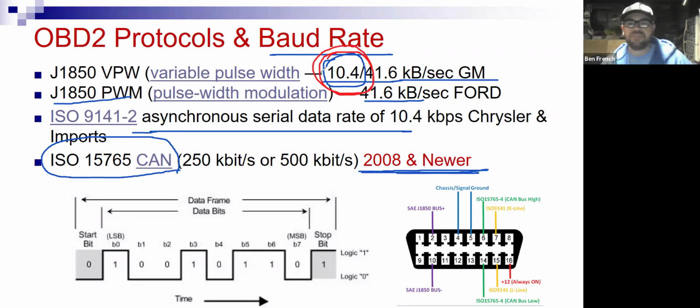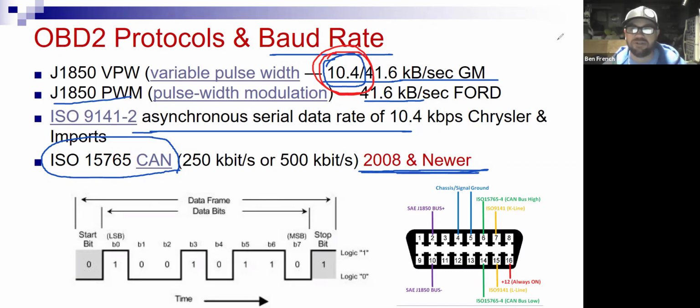So by setting up a custom data list and not asking the computer to send all the data parameters, only asking it to send a few, those big 6 that I was talking about, it will speed up the data refresh rate of your scan tool considerably, and make it work much more smoothly. You're less likely to have a glitch happen and totally miss it, meaning you're more likely to catch a glitch if a glitch does happen.